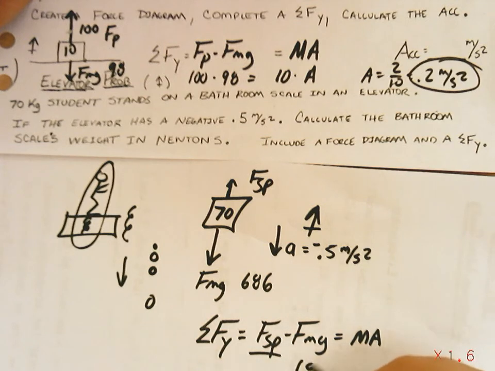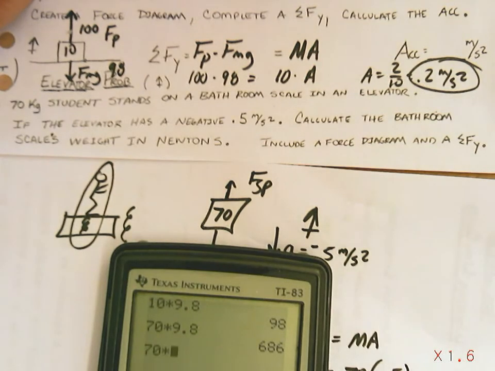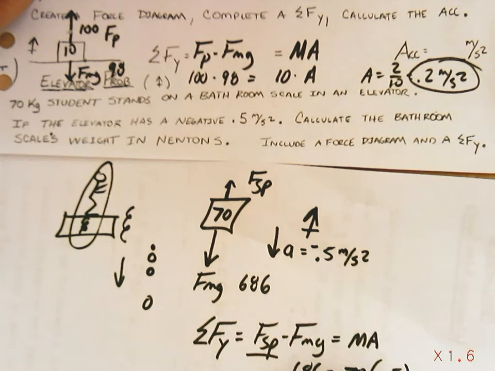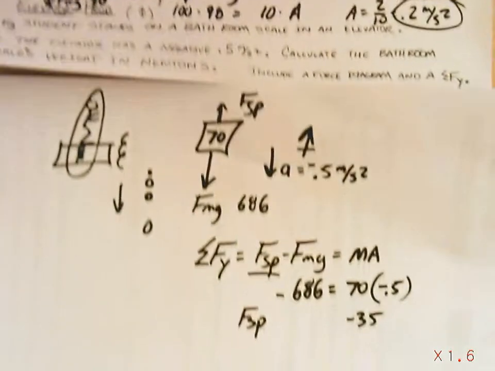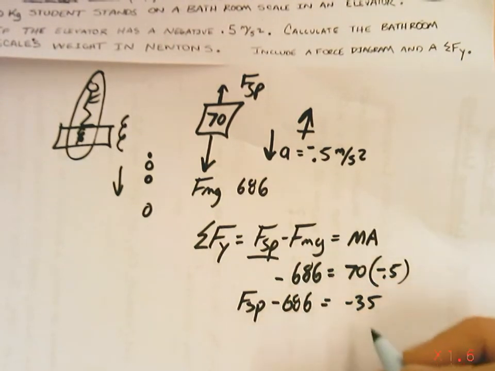We know the weight is 686. We know the mass was 70, and the acceleration is negative 0.5. So we're going to have to take 70 times negative 0.5, and we get negative 35. So Fsp, think of that as x if you want, minus 686 equals negative 35.